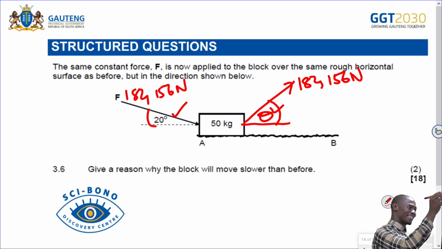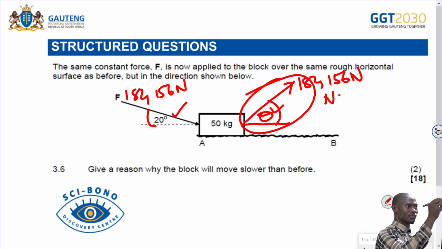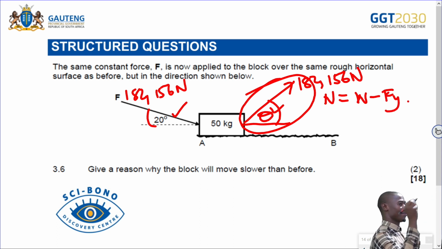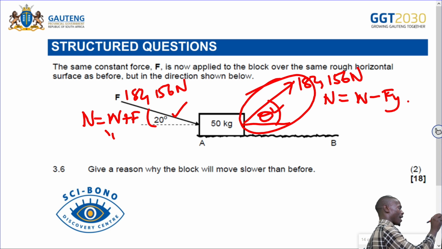Remember, in this case, let's start with this one. Our normal force is weight minus Fy. But on this side, your normal force will be weight plus Fy. I hope you understand why, right?